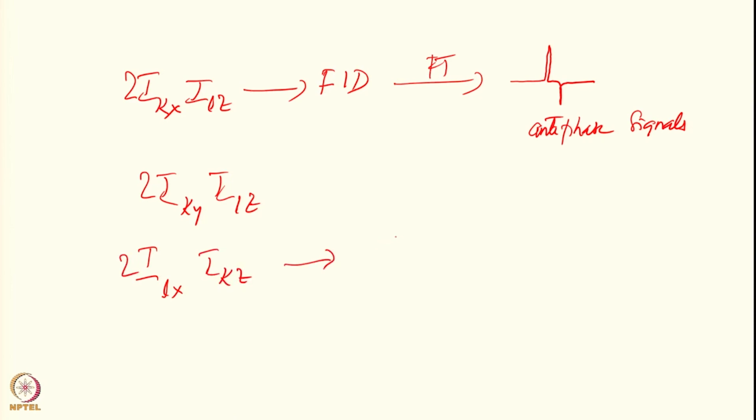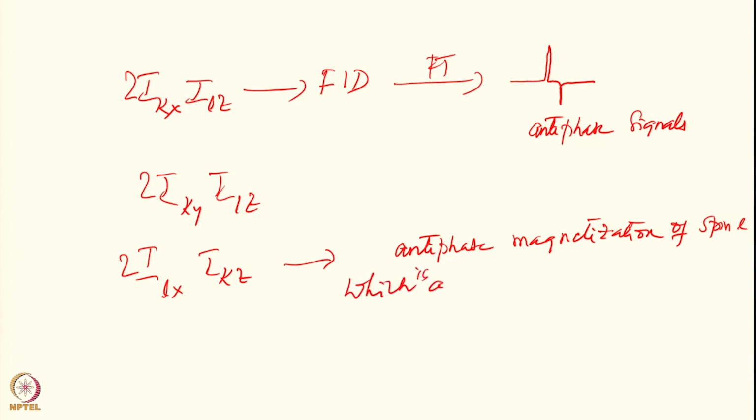The same sort of signal we will get, but this is antiphase magnetization of spin L, which is antiphase with respect to spin K. The Kz indicates that it is with respect to spin K, and Lx means it is X magnetization. This is X antiphase magnetization.